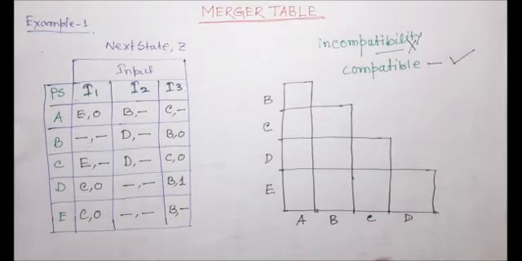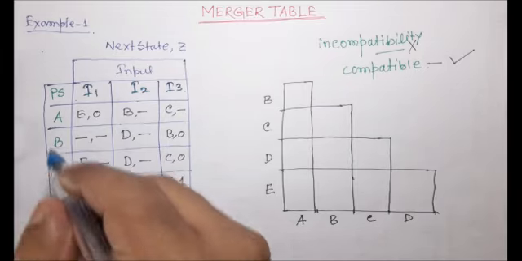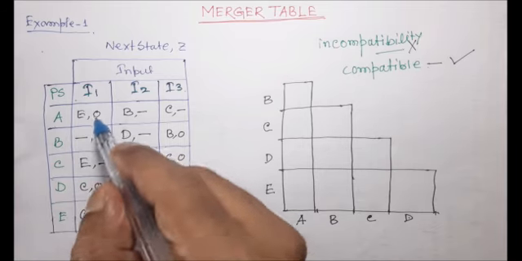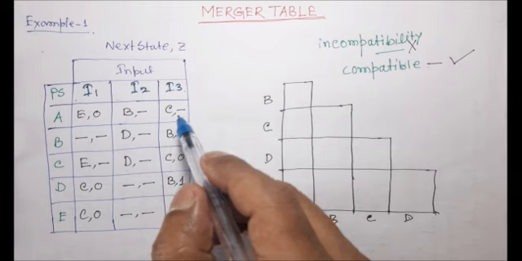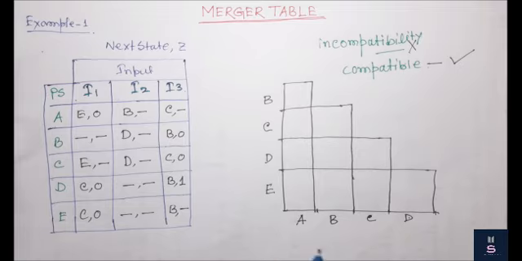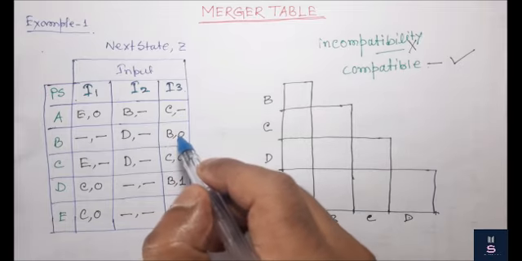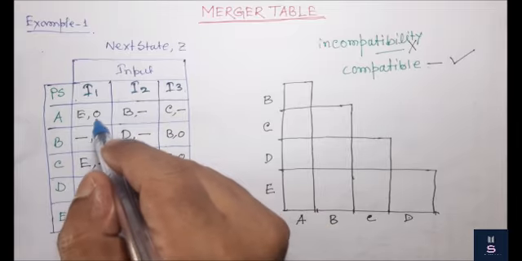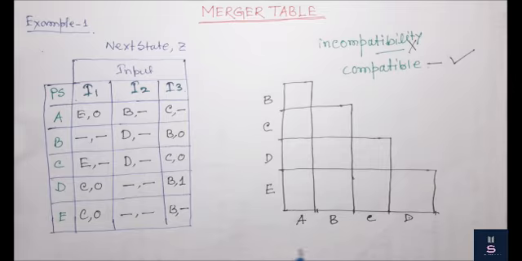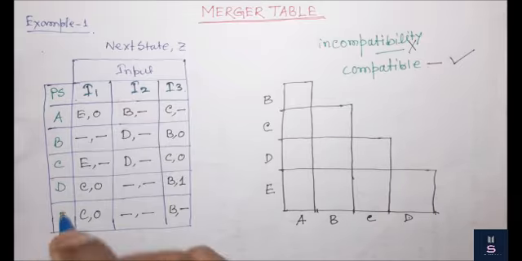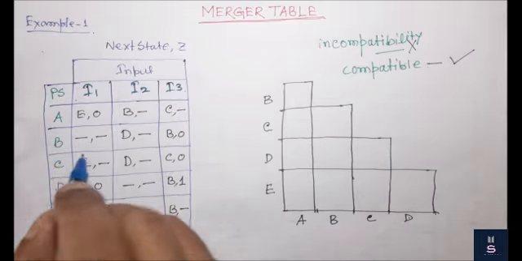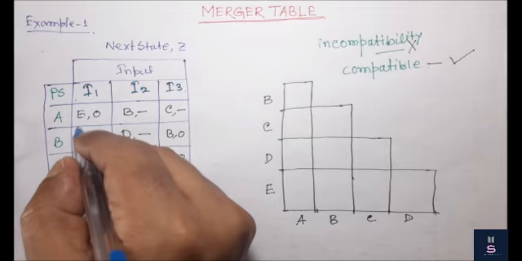Now in this table, let me compare each pair of states to find out the compatibility. So first compare A and B. Recall the previous lecture about the merger graph. First we have to check whether there is any output conflict or not. Here there is no output conflict, this is don't care, 0, don't care. Then we have to think about the next state compatibility.